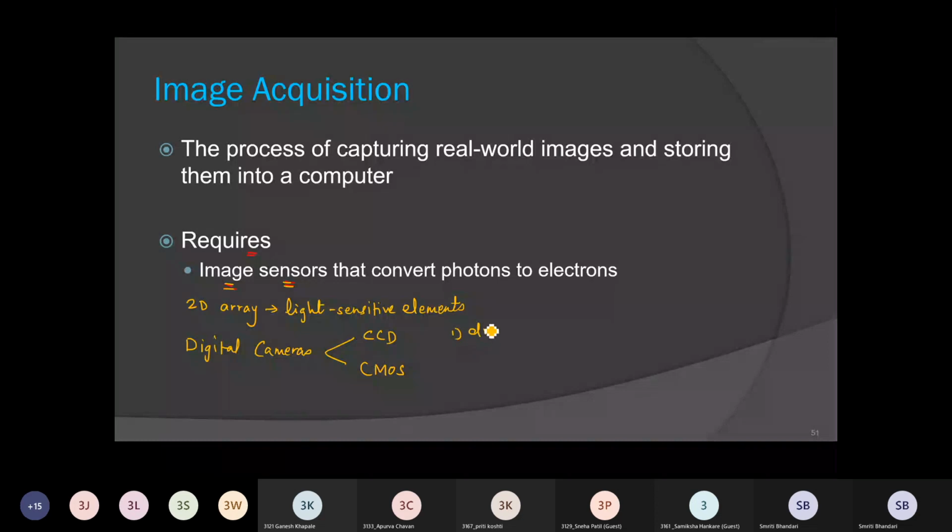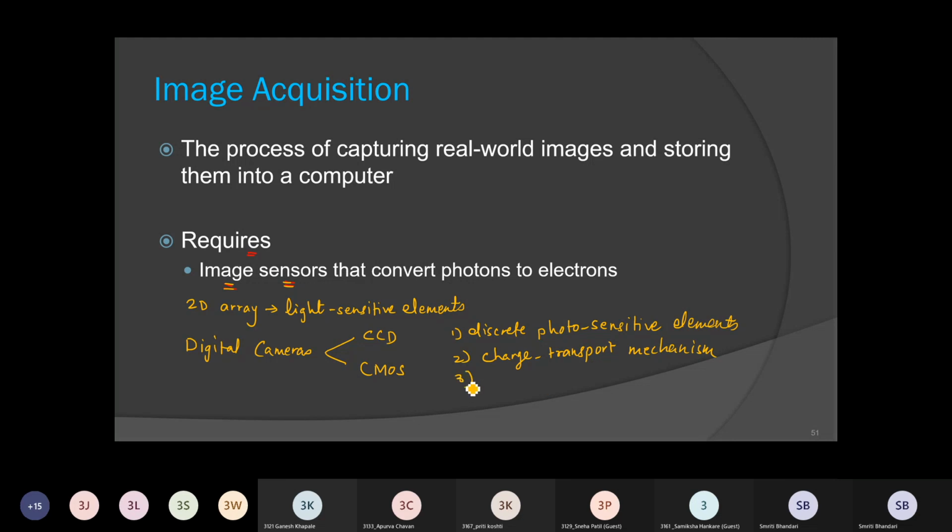So a typical solid state image sensor consists of, number one, discrete photosensitive elements, right? Then it also has some form of charge transport mechanism, right?